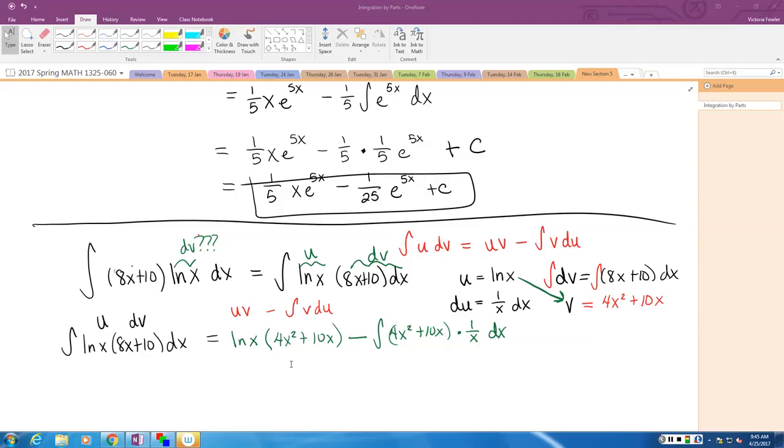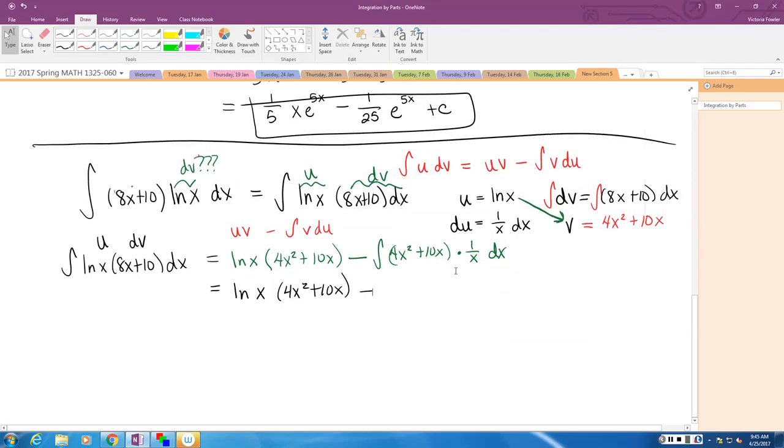Okay, guide me through the next part. I'm going to rewrite natural log of x times the quantity 4x squared plus 10x. Do I want to simplify maybe a little bit before I find the antiderivative? What would you do to simplify this?